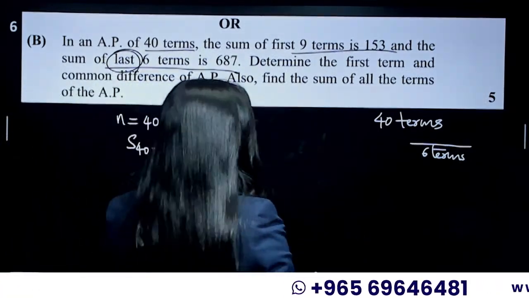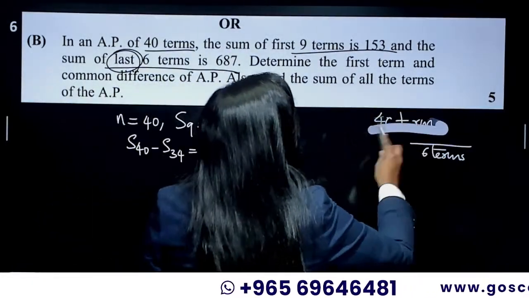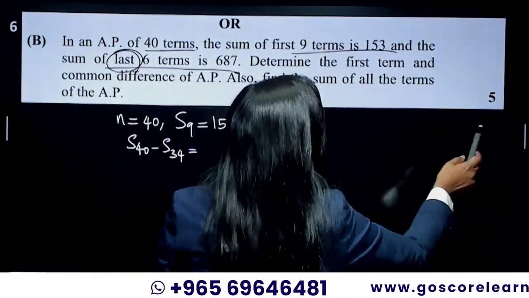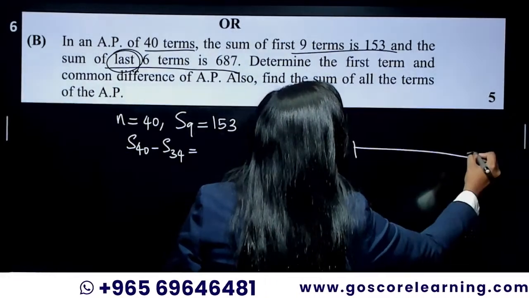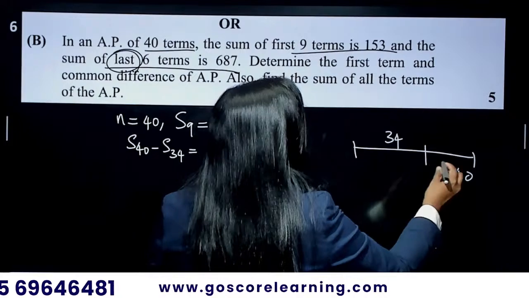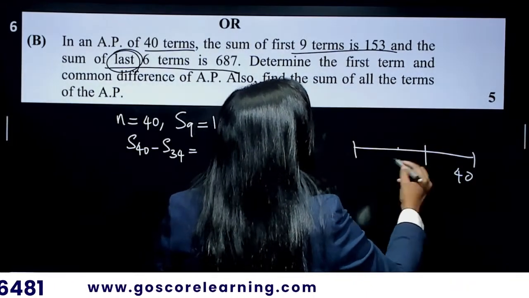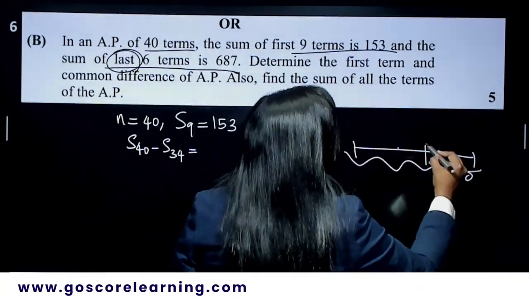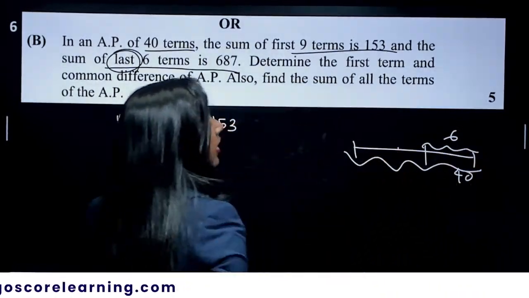So just imagine you have a rod of length 40. If you know that till here it is 34, how will you find the remaining part? You know that the total is 40 and this much is 34.